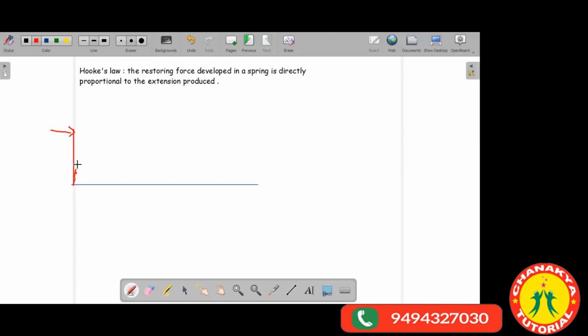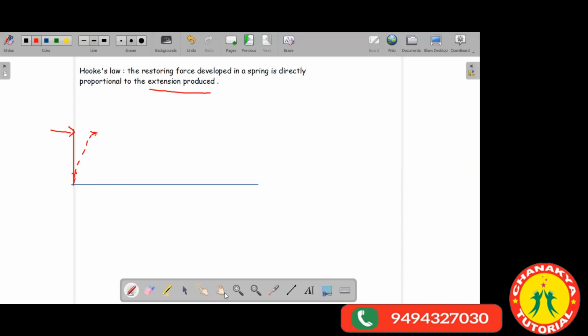Now if you release it from here, it will regain its original shape. It will try to come to its original shape, and hence it will start vibrating. So here we have talked of a different type of strain, a different type of change. In Hooke's law, at this point we are talking of the extension.